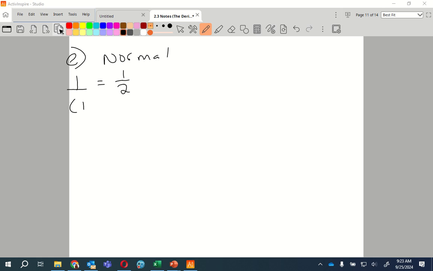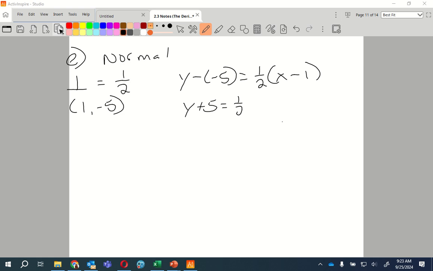Still my same point of (1, negative 5). So y minus negative 5 equals 1/2 times the quantity x minus 1, I get y plus 5 equals 1/2 x minus 1/2. Now I'm going to subtract 10/2, which means I end up with y equals 1/2 x minus 11/2.